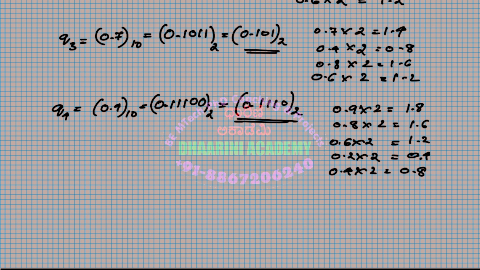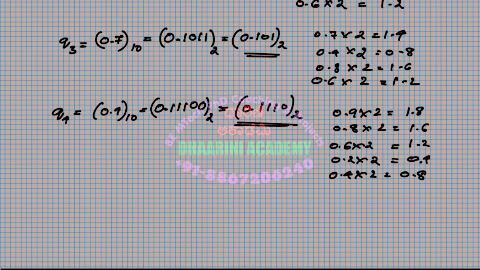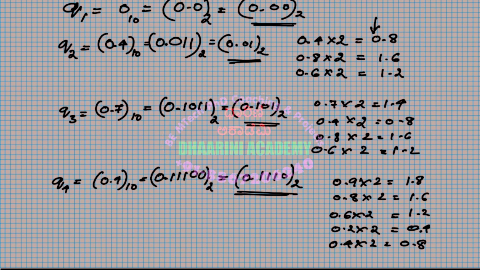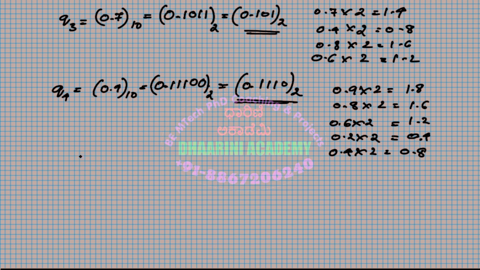Now I'm supposed to convert them into the code words. How do you take the code words? After the decimal place, whatever you have, that is the code word. So this is your result. I'll write the symbol and the required code word according to this method.